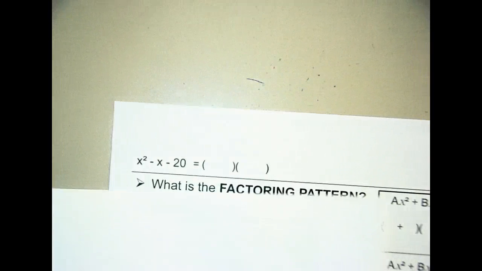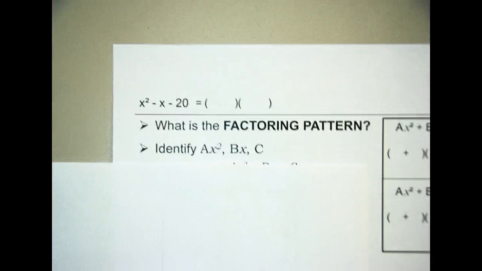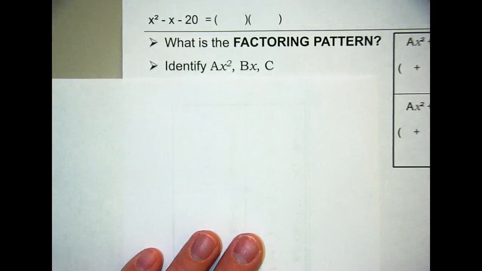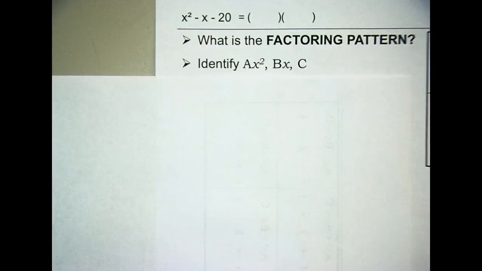Let's try this one right here. First thing to do, identify A, B, and C. And then set up your parentheses. And if you think you can, factor it out.